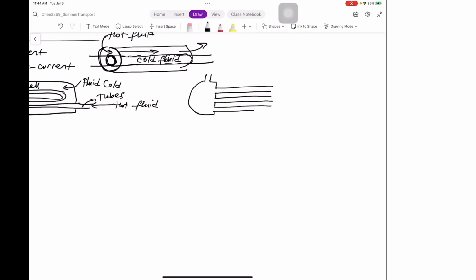Sometimes they have this arrangement. They don't go back and forth, but you can have the hot fluid in, and you collect them here.